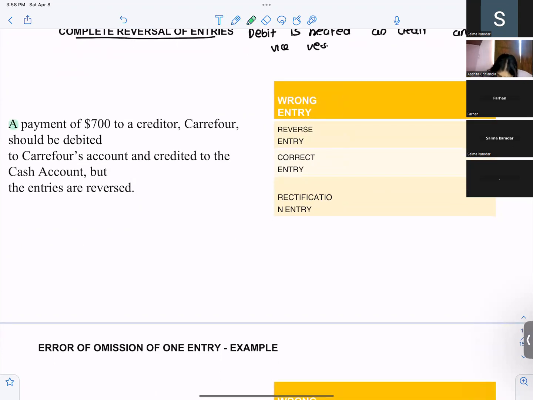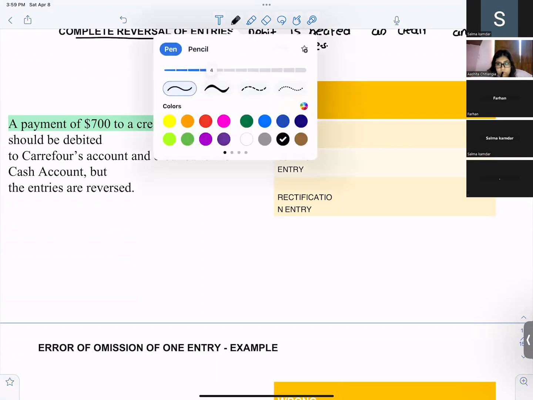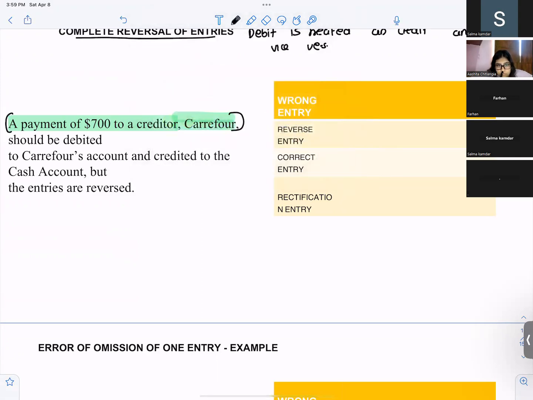So what is it? Payment of 700 to a creditor. Can you give me the correct entry for this? What is the correct entry when you pay your money to a creditor?